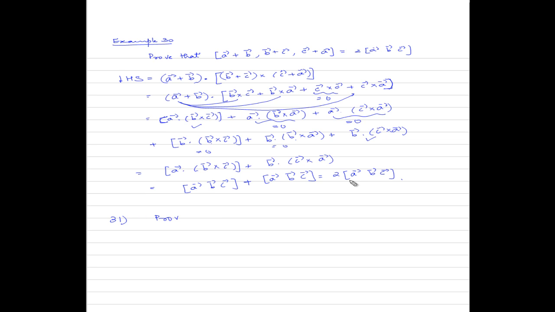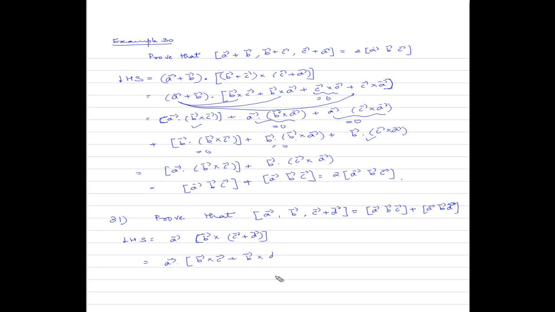Let us do the 31st problem. Prove that [a, b, c plus d] is equal to [a b c] plus [a b d]. So LHS will be equal to a vector dot b vector cross (c vector plus d vector). This is equal to a vector dot (b vector cross c vector plus b vector cross d vector).